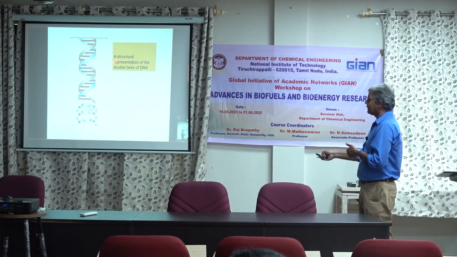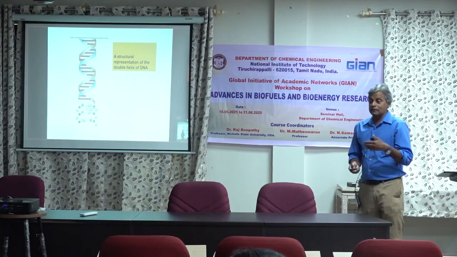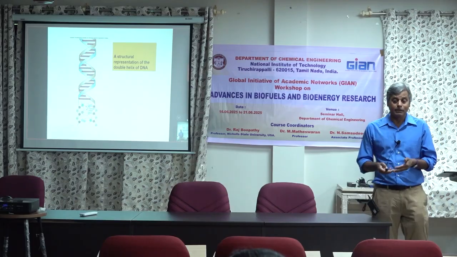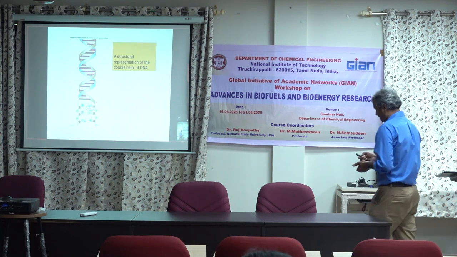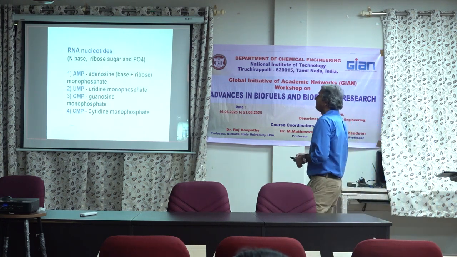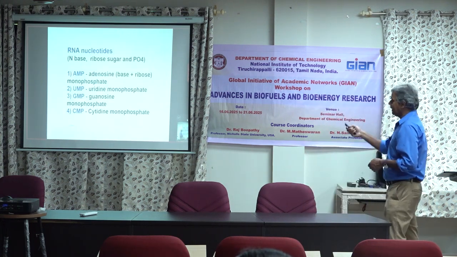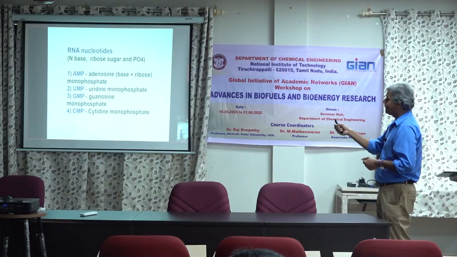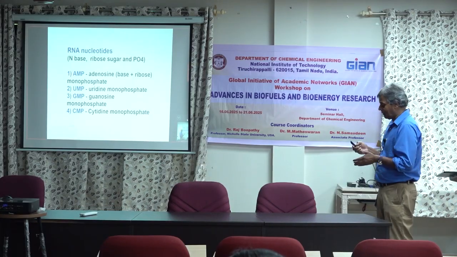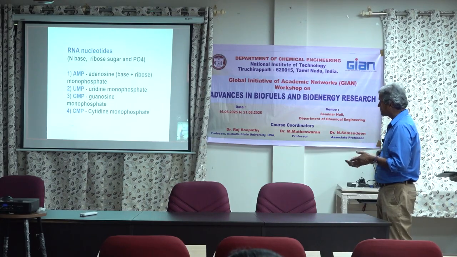For discovering this, Watson and Crick won a Nobel Prize, for designing how DNA looked. RNA, as I said, has uracil instead of thymine. That UMP is the difference in nucleotides between DNA and RNA.